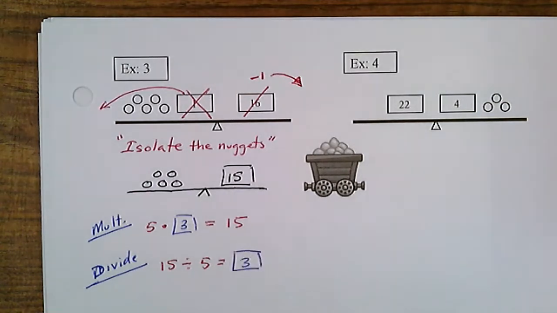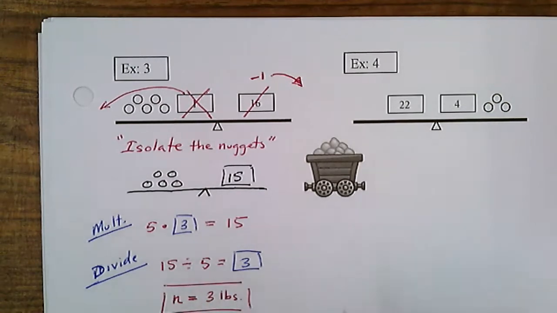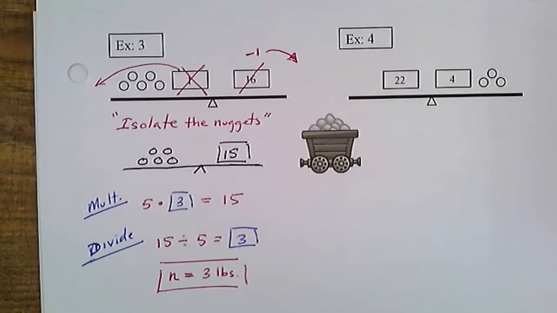Okay. And so then my final answer, I'm going to write my final answer like this. N for a nugget is equal to 3 pounds. Okay, so I just played the game, right? So in this one, each nugget weighs 3 pounds. Each nugget weighs 3 pounds.